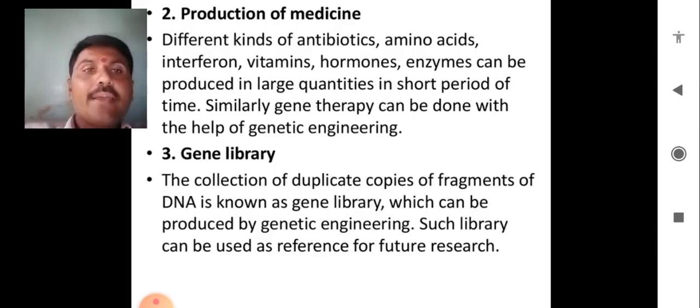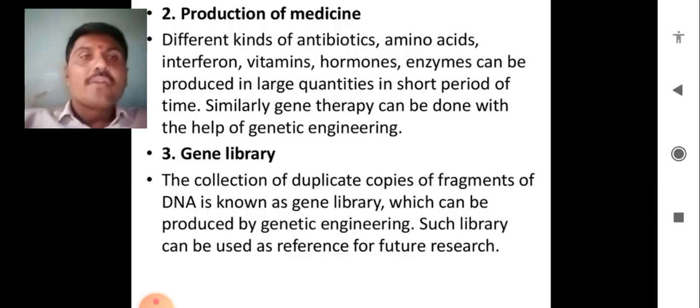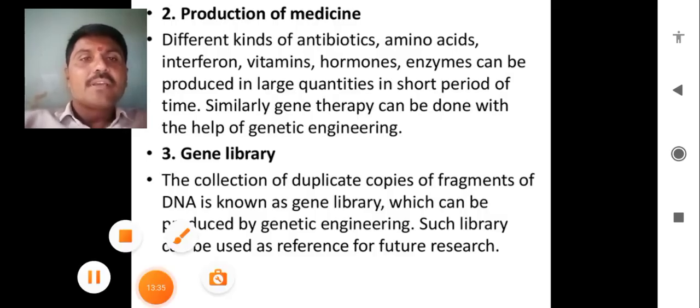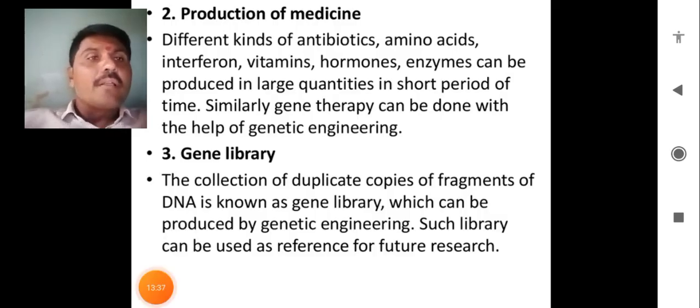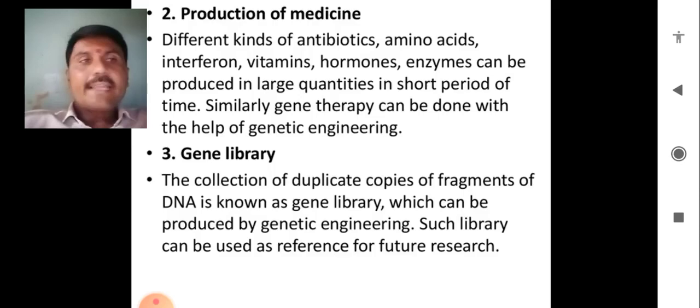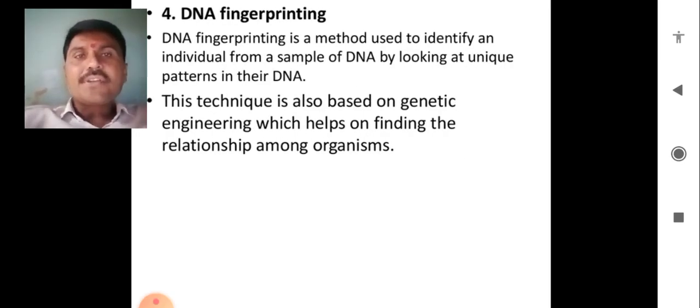Such a library can be used as a reference for researchers for future research. So I repeat, the collection of duplicate copies of fragments of a DNA is known as a gene library, which can be produced by genetic engineering, and such a gene library is useful for researchers in the future.